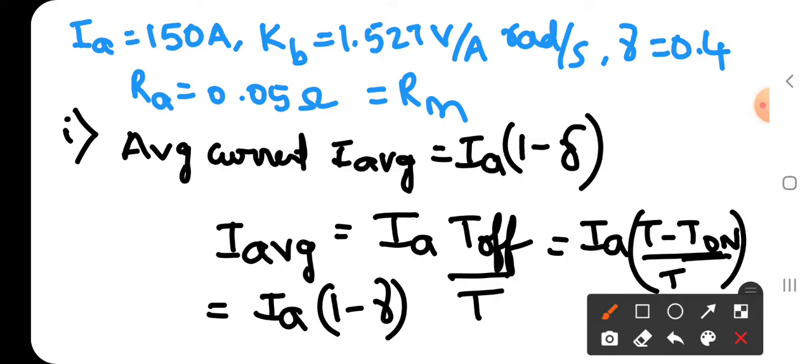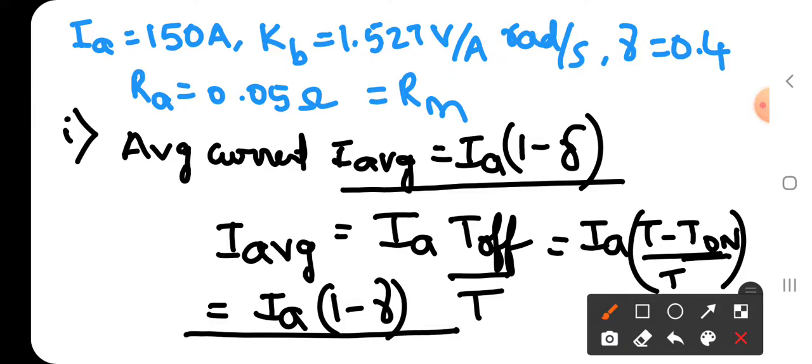Otherwise there is no voltage across the chopper. When the chopper is turned on, is there any possibility to have voltage? No, because it acts as a short circuit. So now you can write the equation for I average is equal to IA into 1 minus gamma.